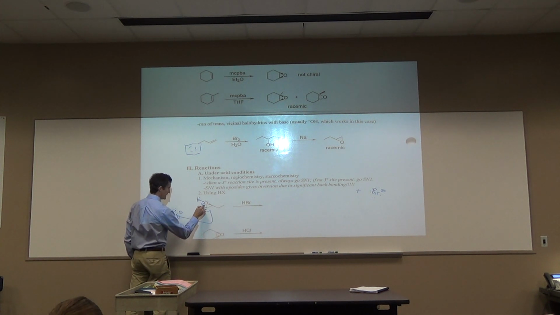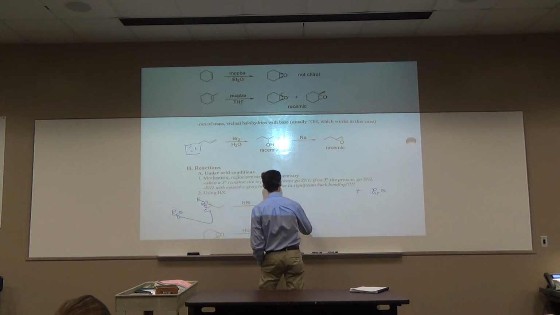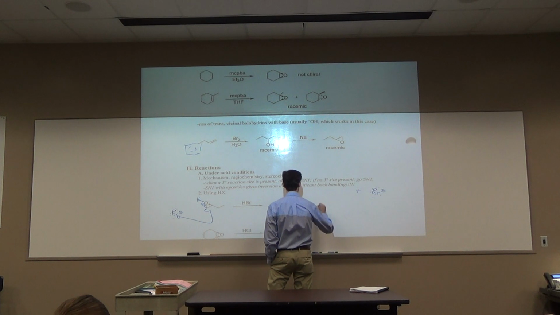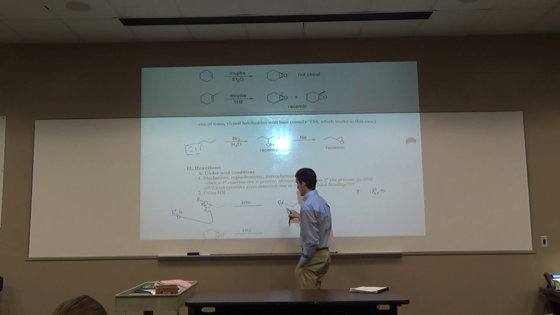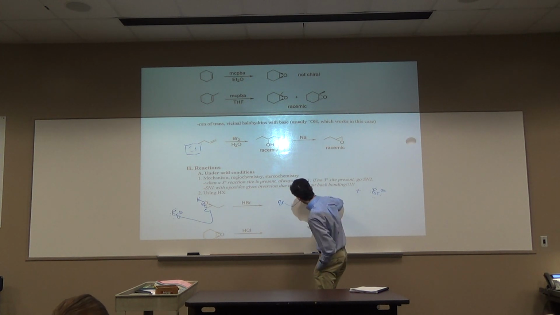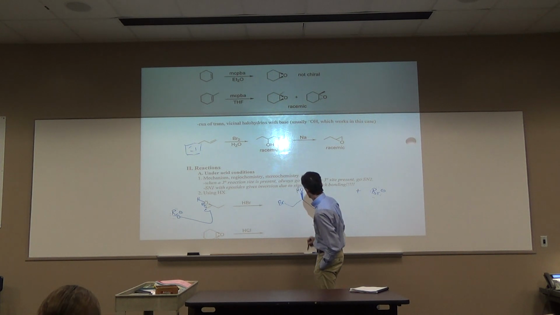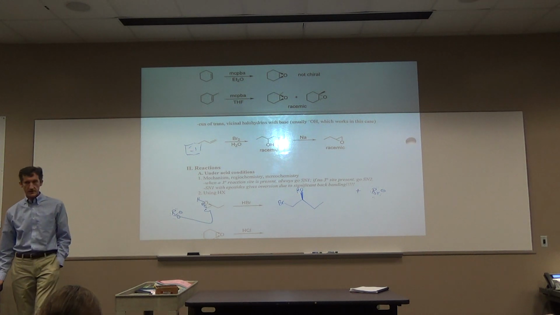I like it over here better. Take that oxygen off, what do we get? Br is bonded to this carbon. The oxygen just left that carbon. It's still bonded here. Everybody agree that's the product?